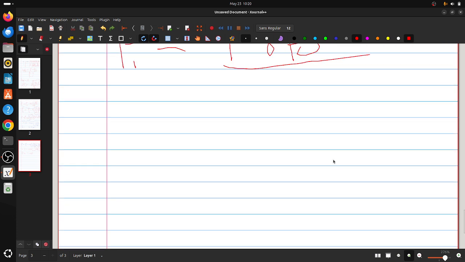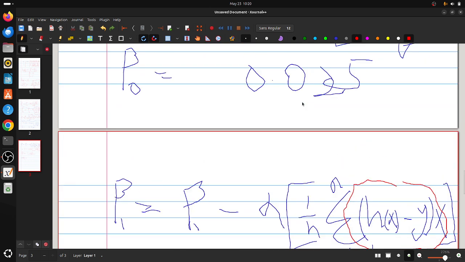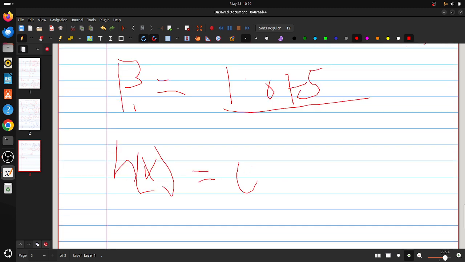Now meaning our new hypothesis, our new model, will be equal to, we saw the value of beta naught is 0.025, plus 1.075x.